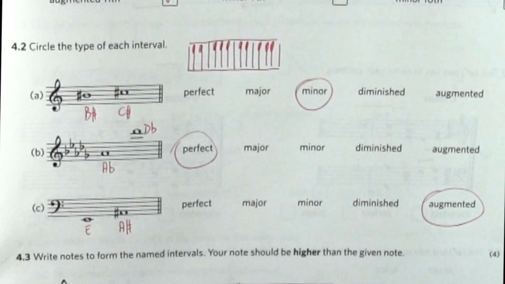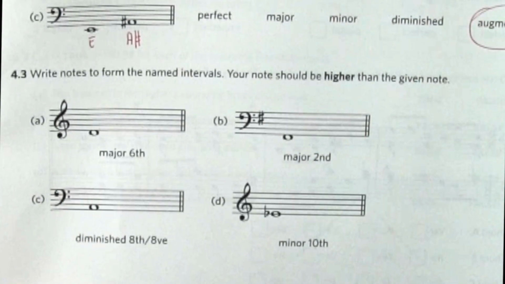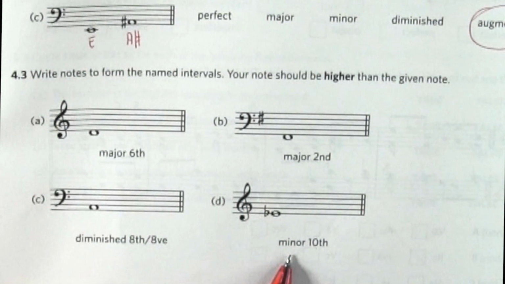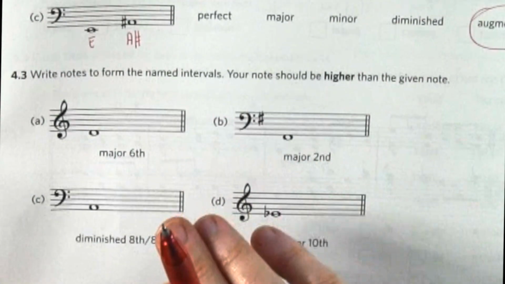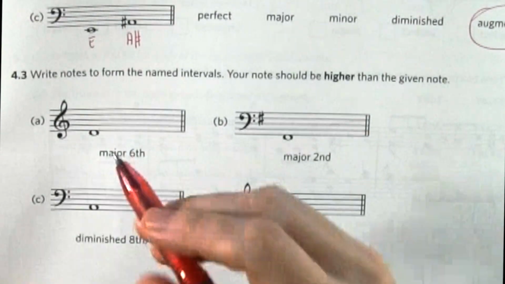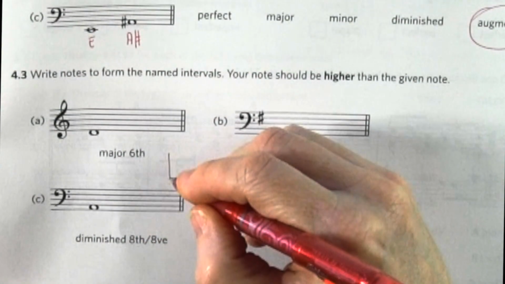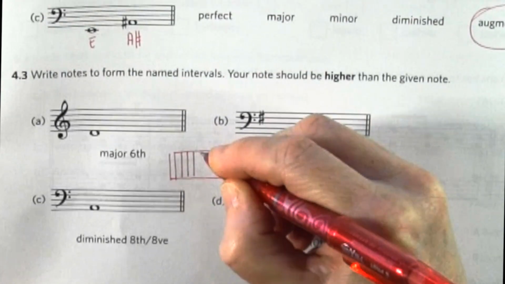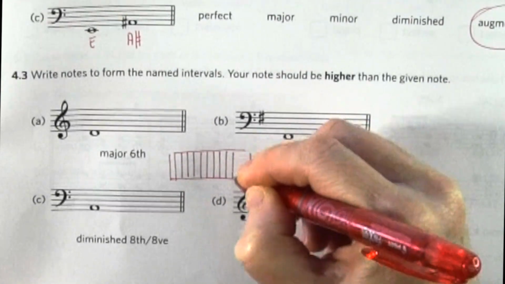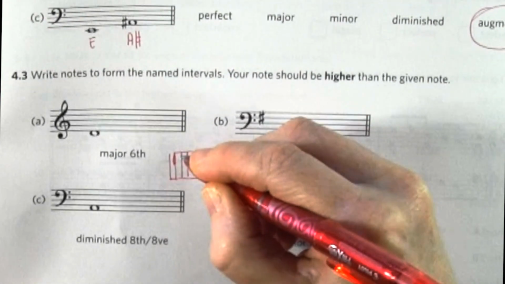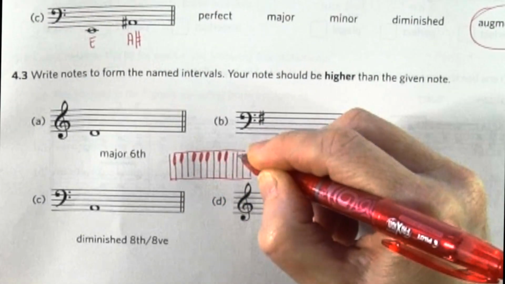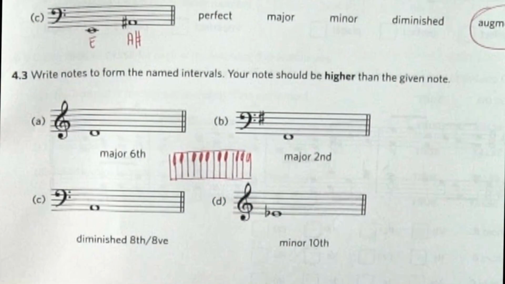Done. Question 3. In this question, we need to write the notes that would make the intervals as they are stated. In the real exam, you will need to drag the notes on the stave. A major 6, oh, I need a keyboard, wait. Okay, oh my god, it's so long.